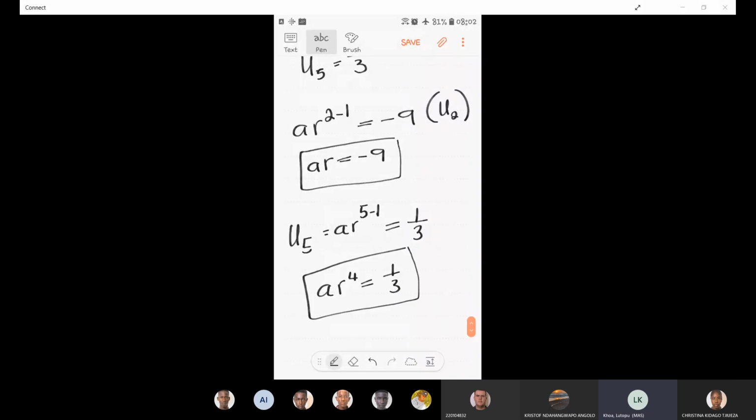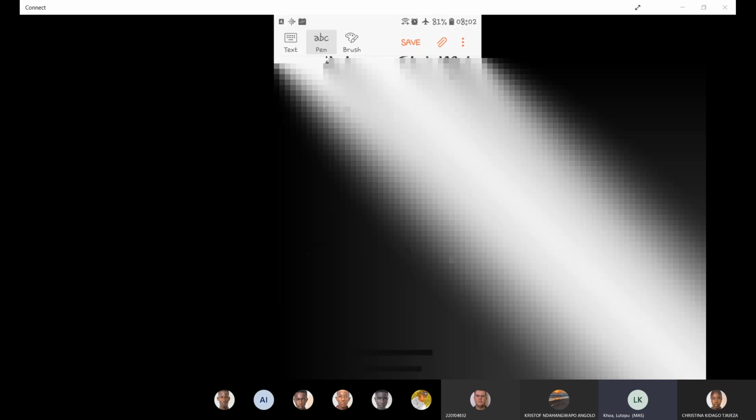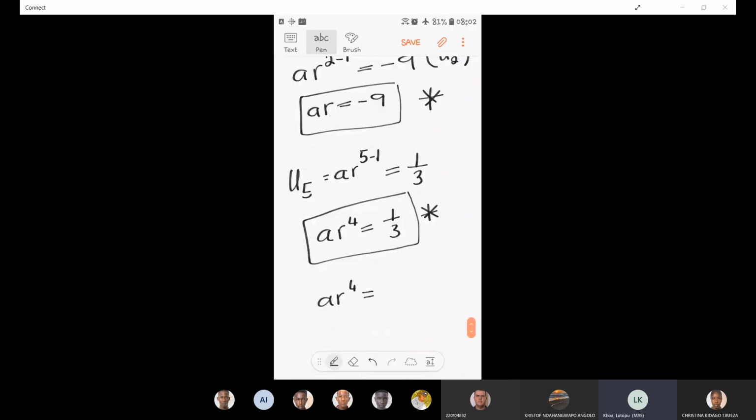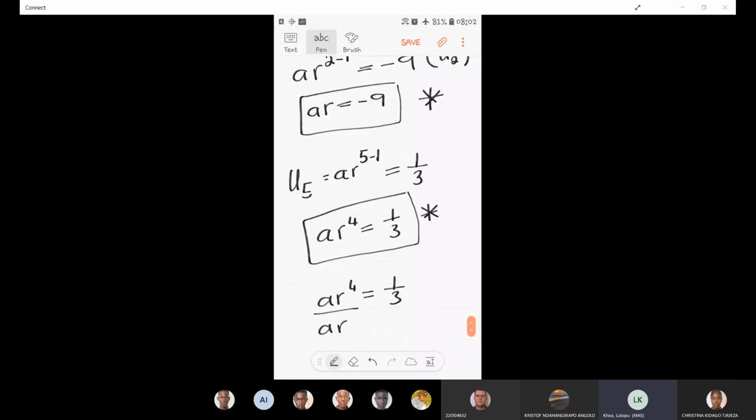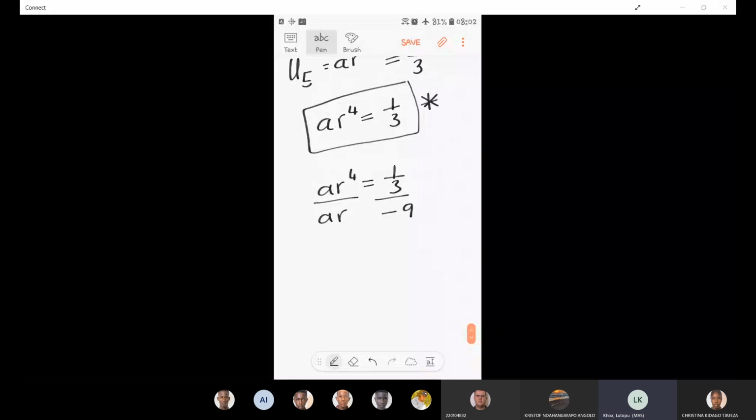Then with these two equations, I will divide them to get rid of the A. So I have A R to the power of 4 equal to 1/3, and then I divide it by AR and -9. Here the A's will cancel. Then I have R to the power of 3.